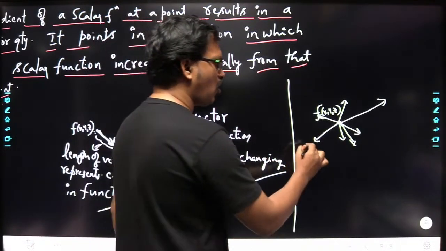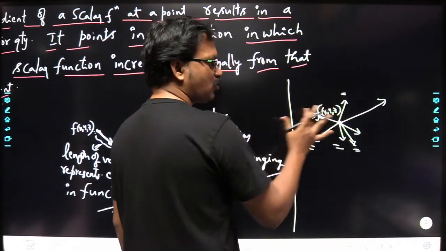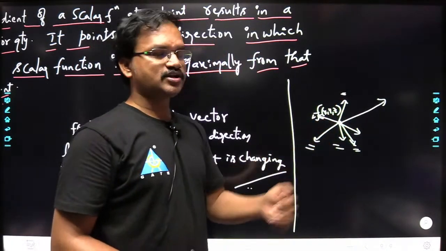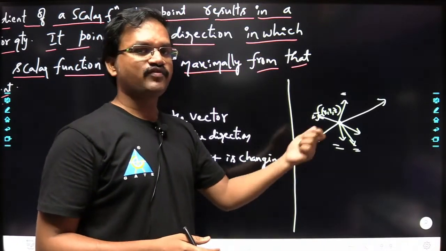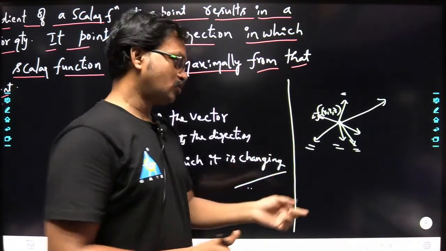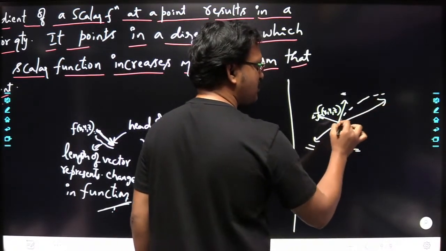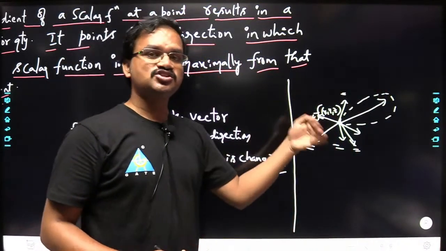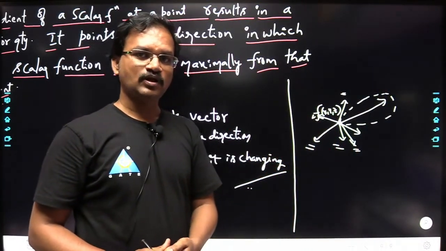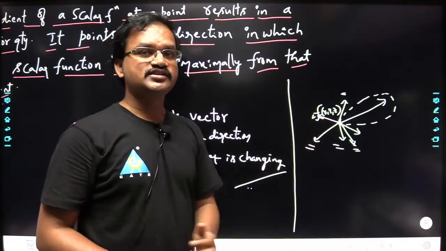When compared to all the other directions, in which direction are we getting the change in function maximum? In which direction is this function changing maximally? Now I am interested to determine in which direction this function is changing maximally.